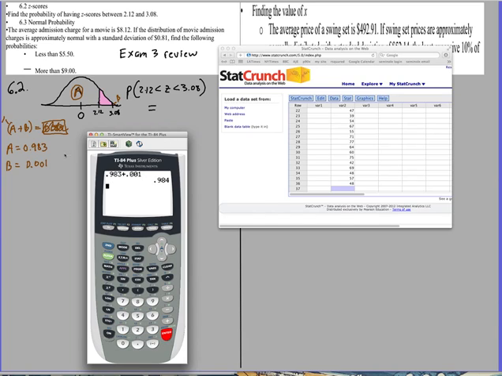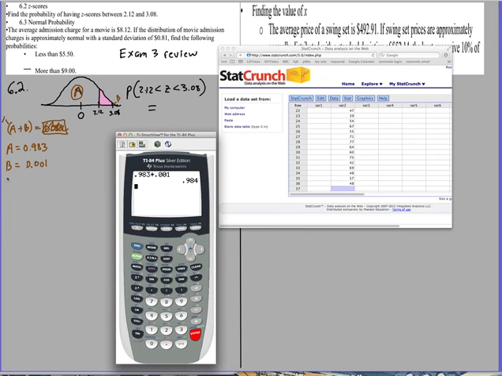So my A plus B equals 0.984, but that's the outsides. I want the insides, so the inside is going to be 1 minus that. So it's going to be about 1.6%.